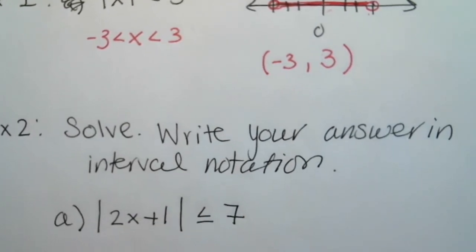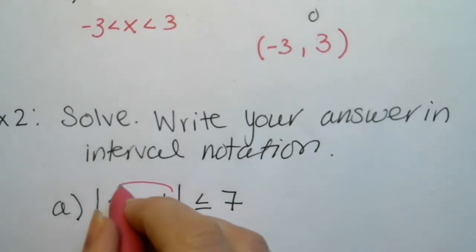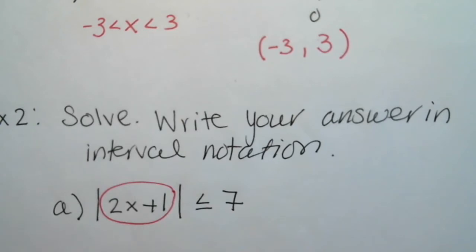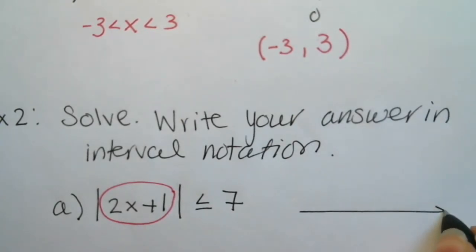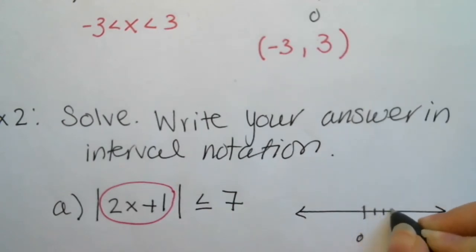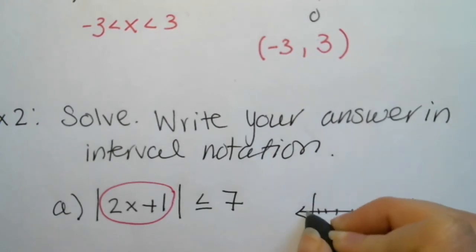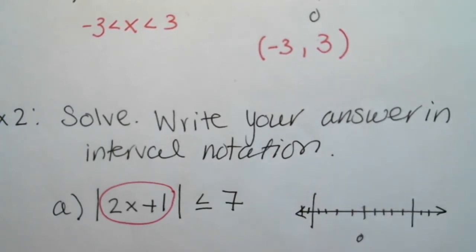All right, so just like with the equations, we want to think about this whole expression as a single number. So we're going to think about that number having absolute value less than 7. So the distance between this number and 0 is less than or equal to 7.